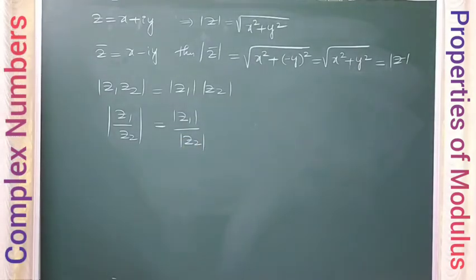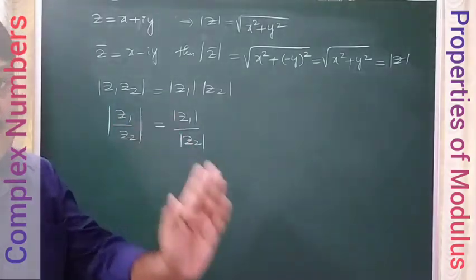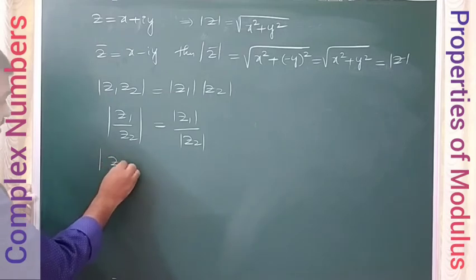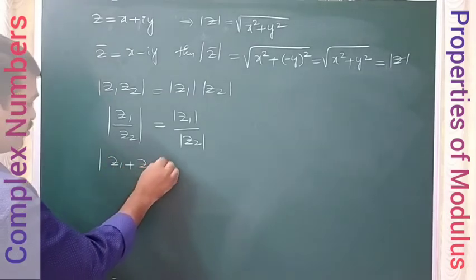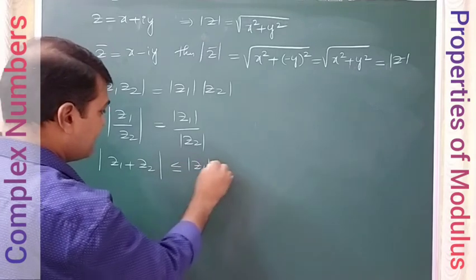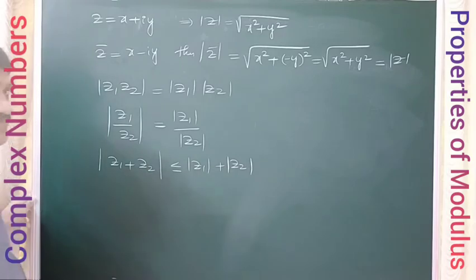But when you have a sum or difference of complex numbers, then you cannot separate the modulus. Basically, modulus of Z1 plus Z2 is less than or equal to mod Z1 plus mod Z2. It is not equal to.